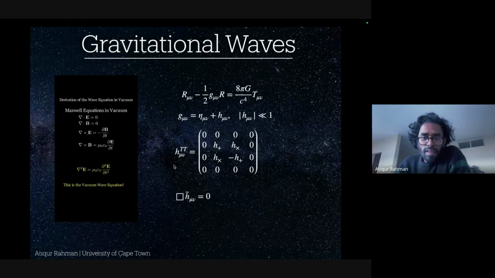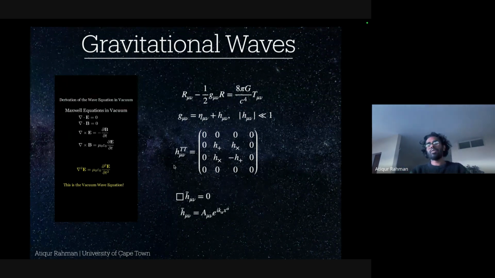So now you can see that this d'Alembertian version of H bar equal to 0 and the Maxwell's equations form are kind of the same. So from here, if we solve this equation, we will get something like this, and we can expand it to a sine and a cos wave.